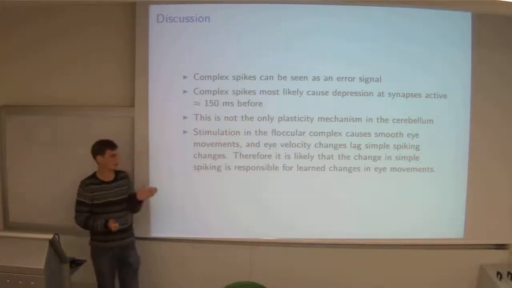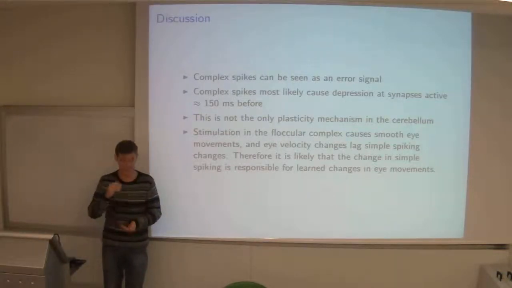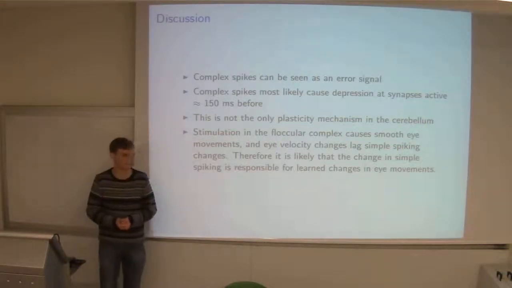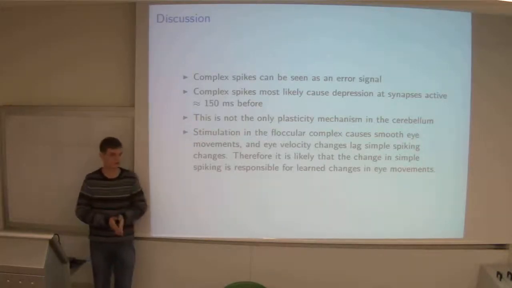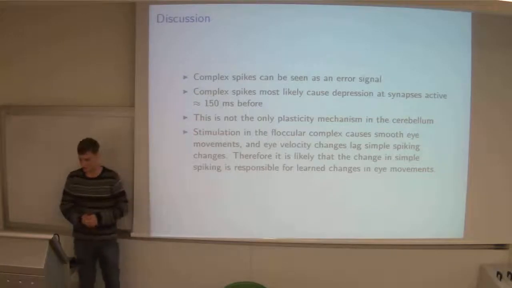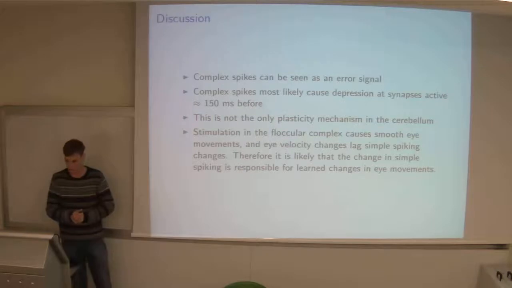And they also confirmed this here. But they also saw Purkinje cells that increased their firing, which is not compatible with this idea of depression. So there must be something more complex going on. Which they also state, this is not the only plasticity mechanism in the cerebellum.